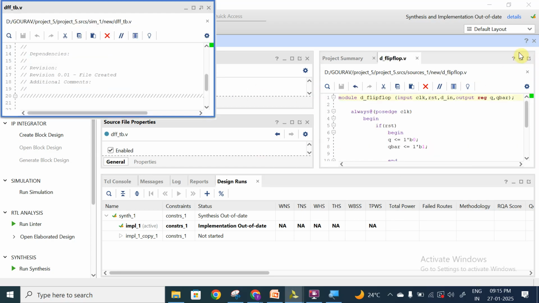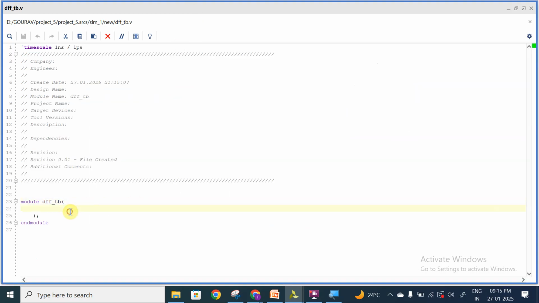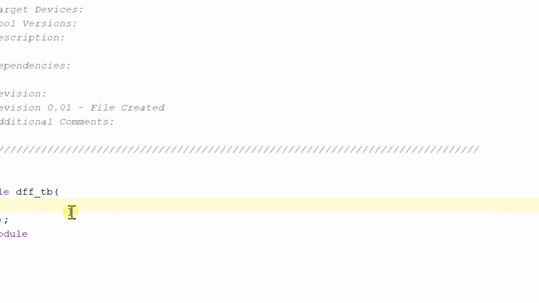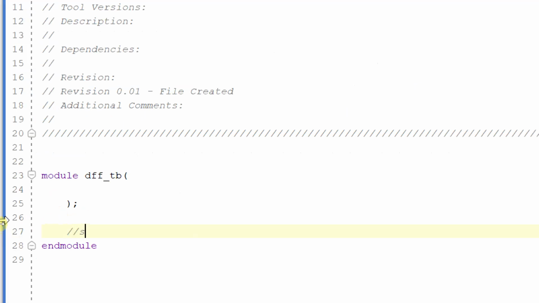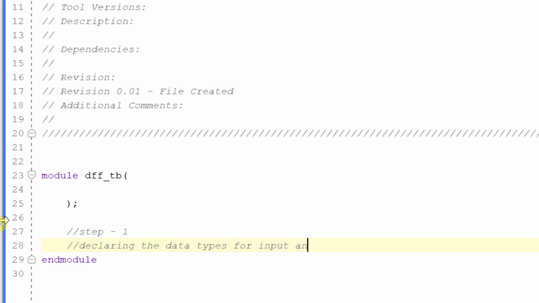Now, in this dff underscore tb, when we are going to write our test bench, we have seen some set of rules. So what is the first step we should follow? Step 1 is declaring our input ports, that is inputs and outputs. So declaring the data types for input and output variables.